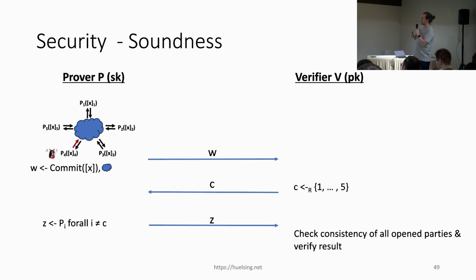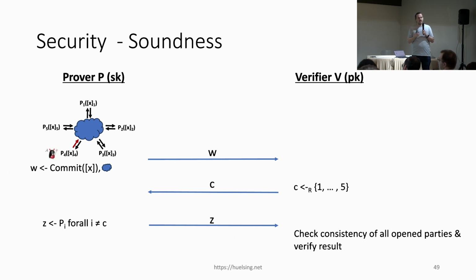Right, so why does this give me soundness? We said the MPC protocol is perfectly correct if no one misbehaves. So if I want to convince someone that the result is indeed 0, and I don't know an input which evaluates to 0, then I need to misbehave in the name of one party.